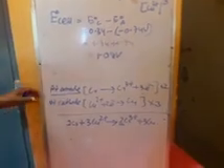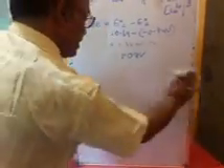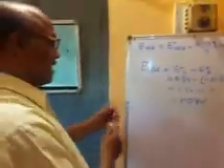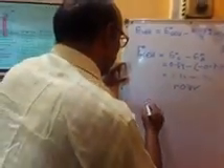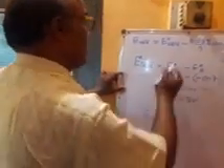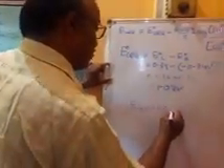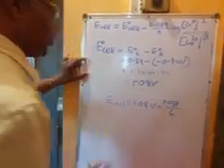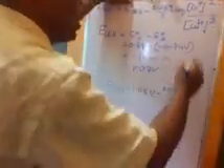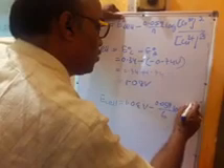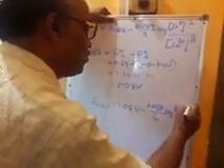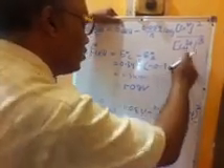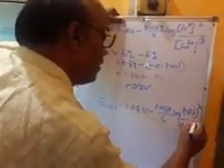This is the standard cell potential, equal to 1.08 volt. Now if you put the value of E naught cell in the above equation, you can calculate E cell. E cell will be 1.08 volt minus 0.059 by 6, since n equals 6. Log of concentration of Cr3+, 0.02 M to the power 2, and that of Cu2+, 0.01 M to the power 3.